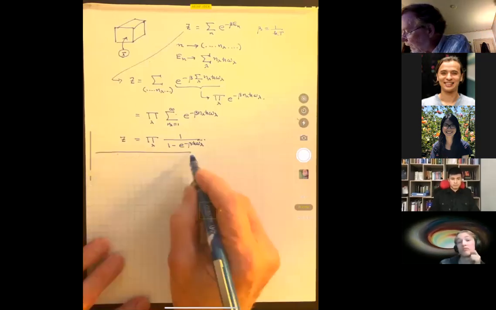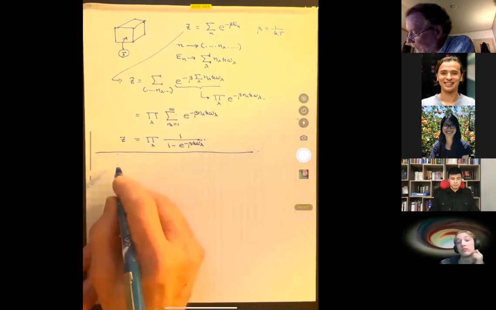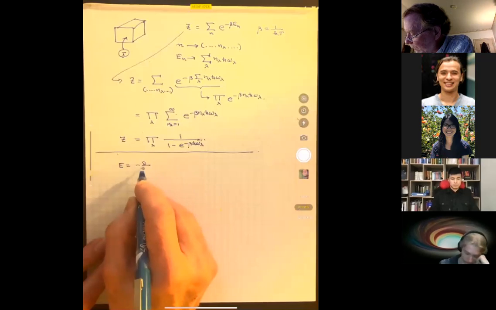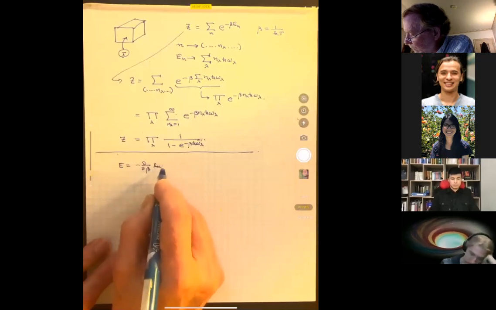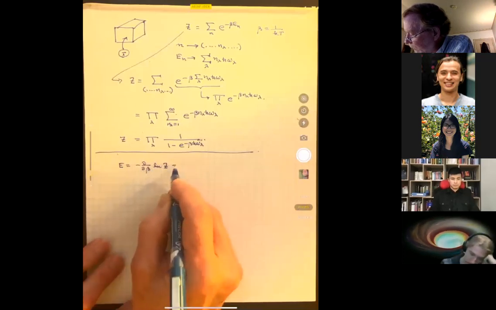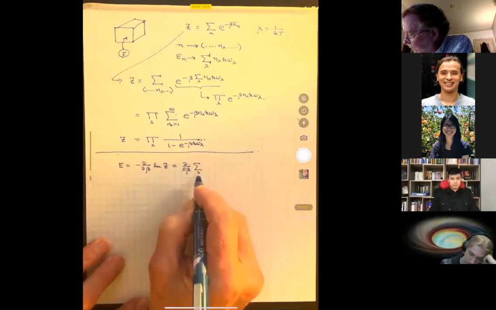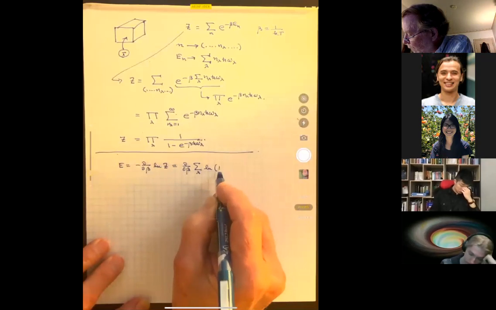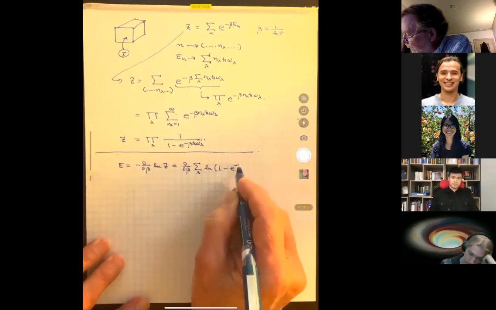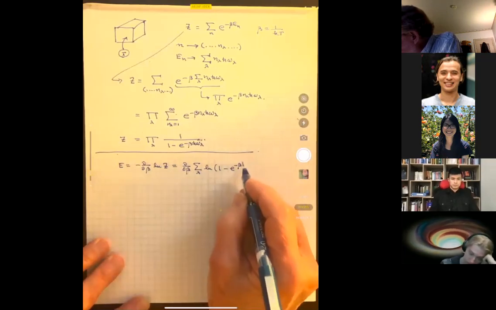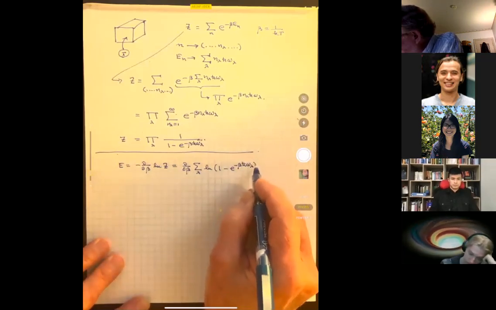Now, once we've got that, we can start to compute the various thermodynamic quantities. For example, the energy is minus the derivative with respect to the beta parameter of the logarithm of the partition function. And that's the derivative with respect to beta of the sum on lambda of the log of 1 minus e to the minus beta h bar omega lambda.